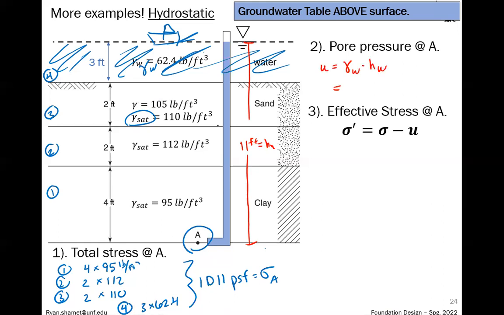So this no longer equals 499, but now it equals 686. So our effective stress is now going to be lower, 324, 325.